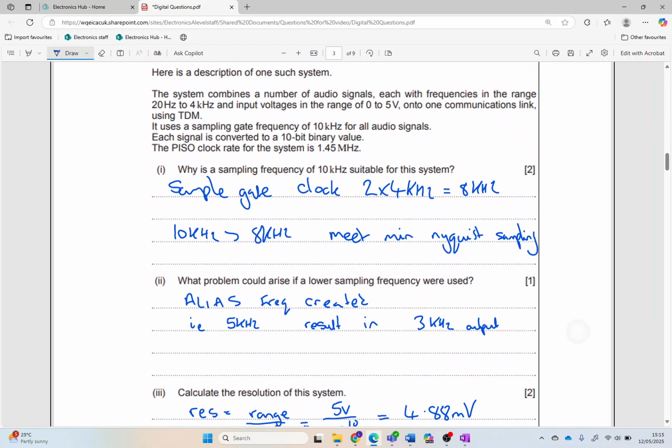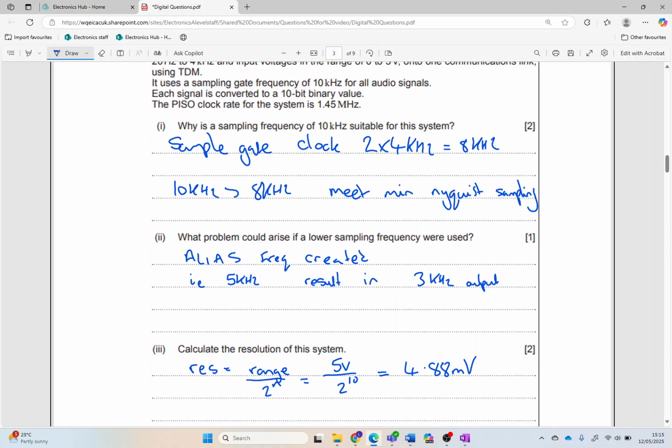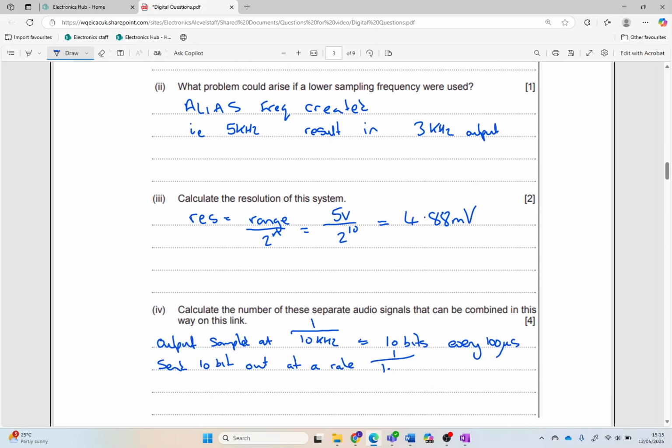you can see that our PISO clock is 1.45 megahertz. So 1.45 megahertz equals 869 nanoseconds. But we've got to then send the 10 bits out at that rate.